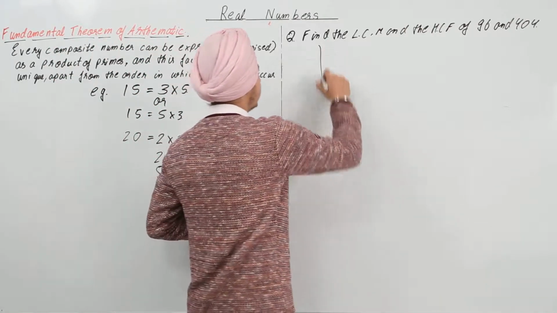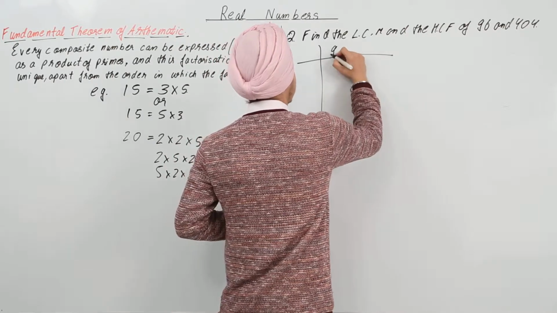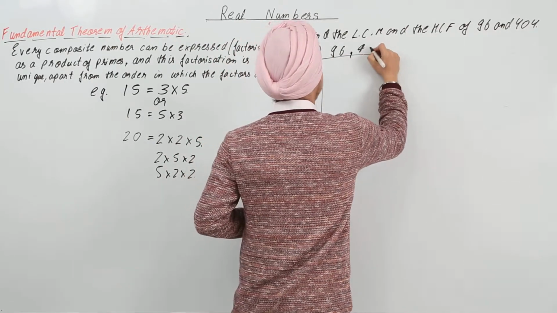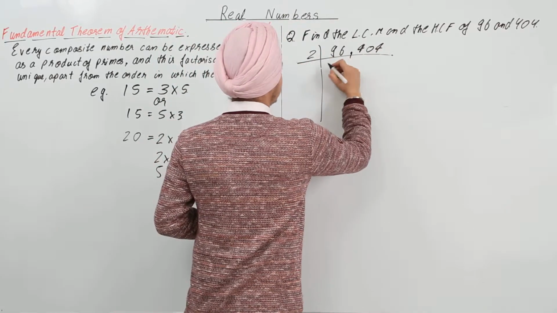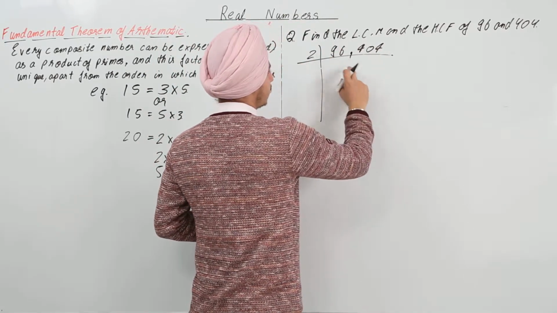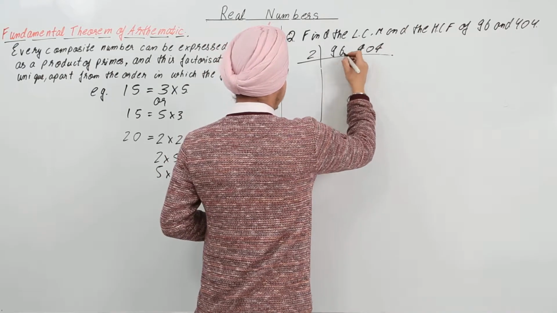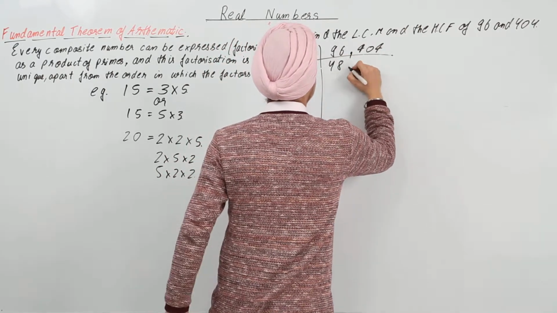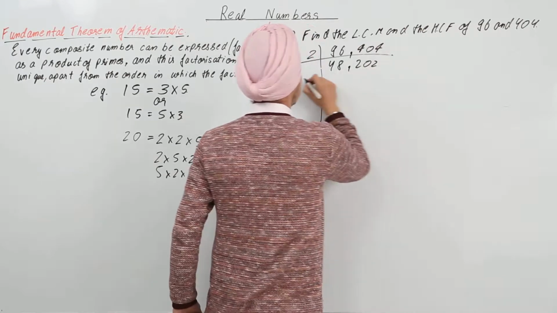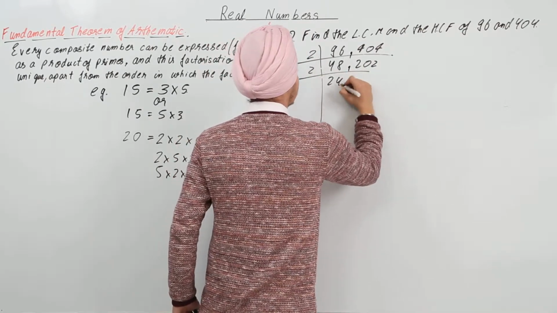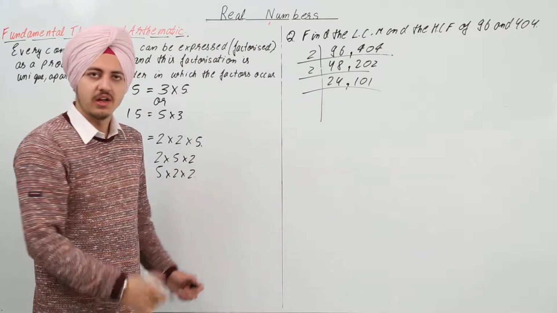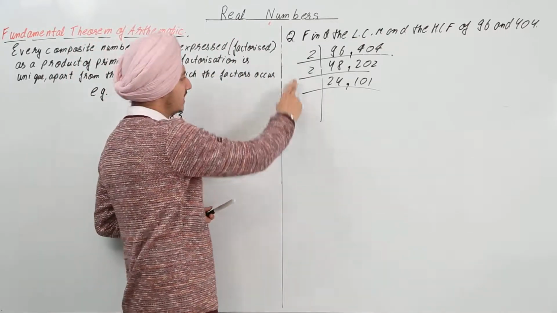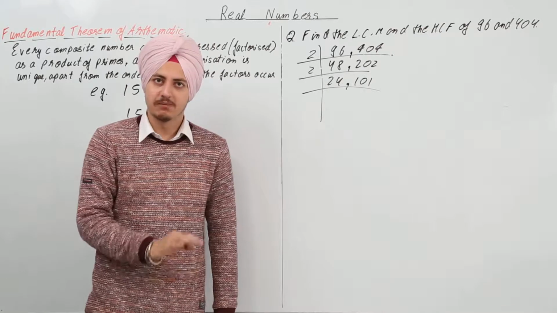We used to draw a table like this, and write 96 over here and 404 over here, right? And we used to divide by 2, and then whatever comes we used to write over here, so this would be 48 and this would be 202, and this would again go by 2, and this would be 24, this would be 101, and so on, right? And then we used to multiply all these numbers, and that used to be the LCM, correct?